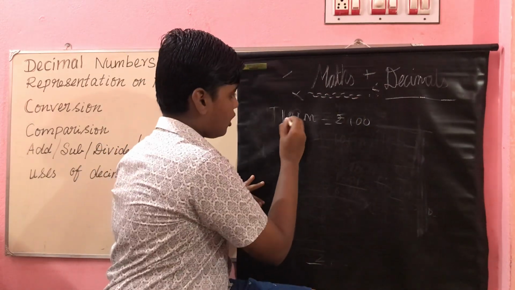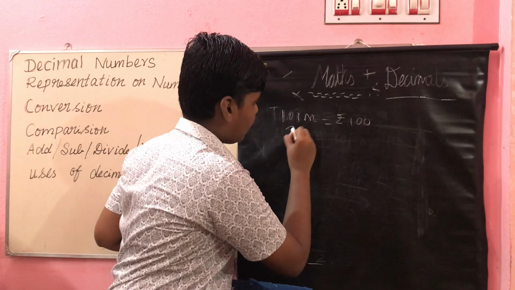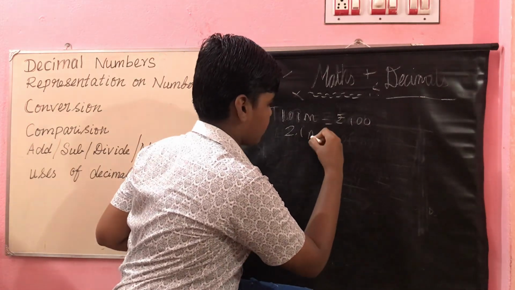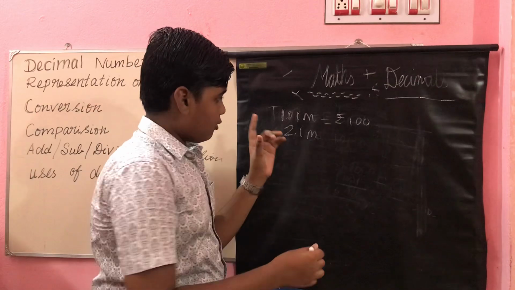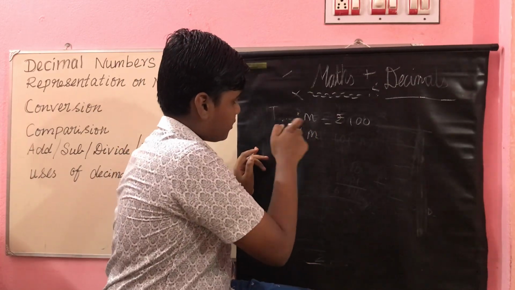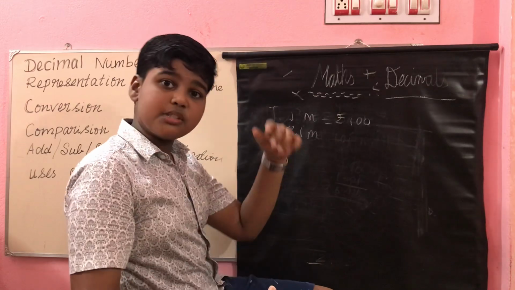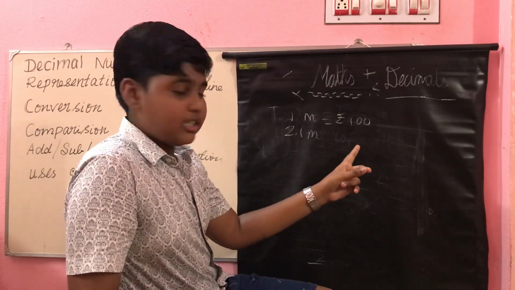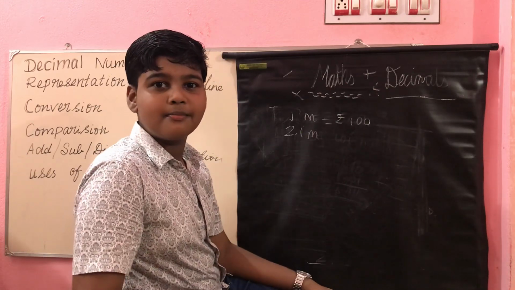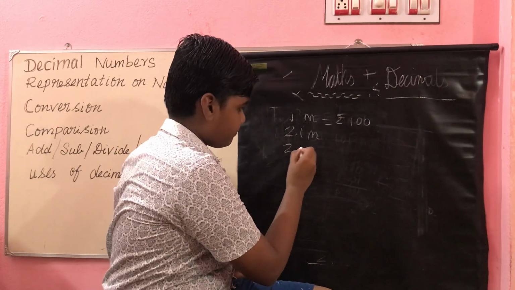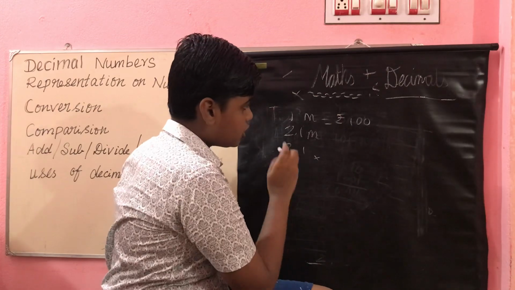So what's the cost of 2.1 meter of cloth? Can you understand? So 1 meter of cloth is this much. Then 2.1 meter of cloth is 2.1 into 100, just multiply.